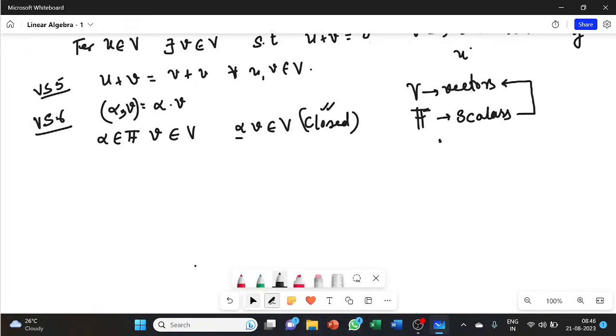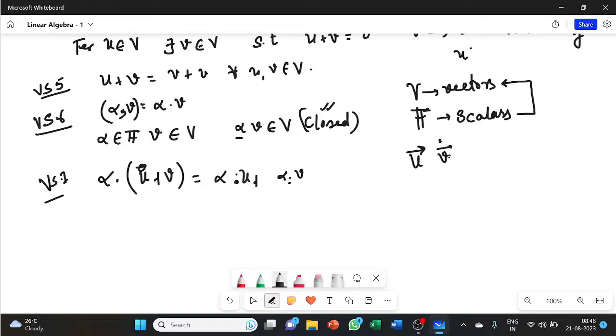Now, what would be the seventh property? I told you that alpha dot (u plus v) gives alpha dot u plus alpha dot v. Understand that this is not a dot product; this is scalar multiplication. Right now, I'm not referring to them as vectors, so don't get confused.